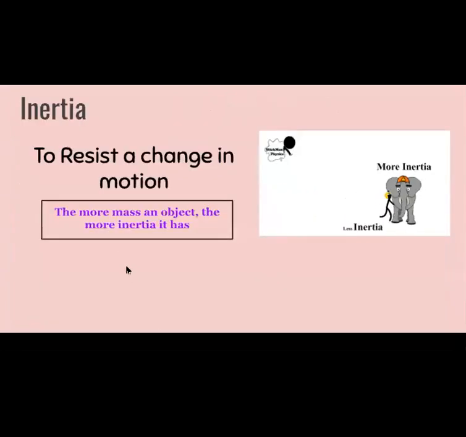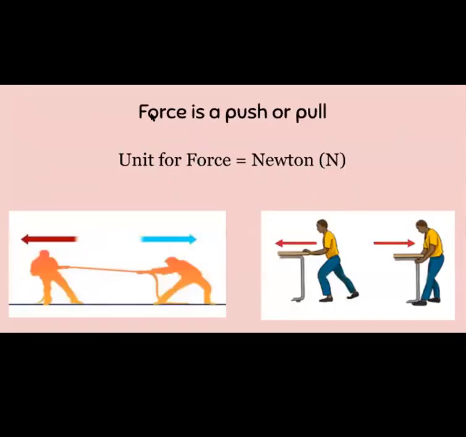Inertia meaning resisting a change in motion. The more mass you have, the harder it is to change your motion. The less mass you have, it's a lot easier to change it. Okay. And then finally, we defined force as a push or pull. And we know that the unit for force, I'm not sure if this got in your notes last time, so make sure you add it. The unit for force is a Newton or a capital N.